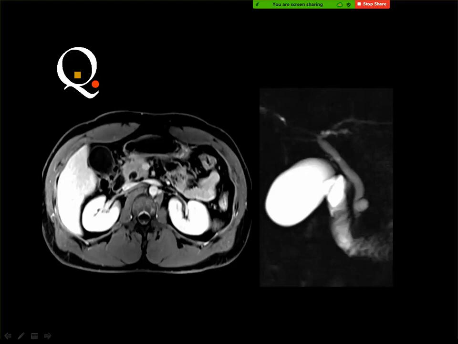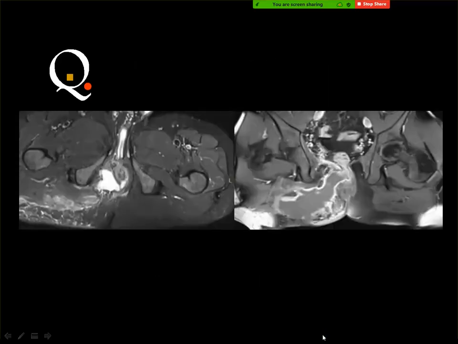Type 2 is a choledochal diverticulum. And then type 3 is the choledochocele. And here you can see the lesion. This lesion is filled with fluid, not air. And if you see such a lesion, you may think of this diagnosis as choledochal cyst.